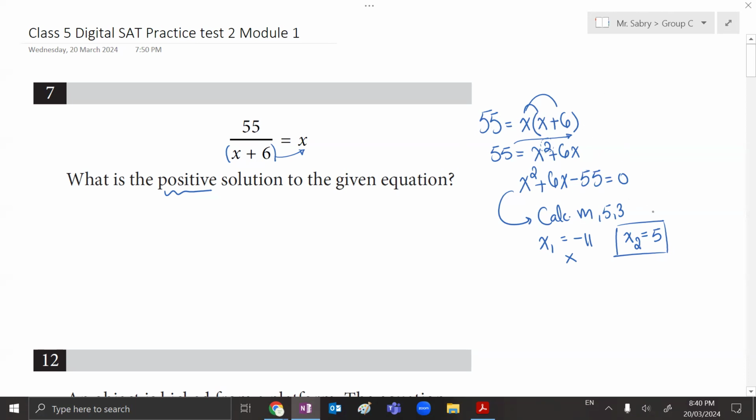When we move the 55 to the other side and put equals 0, this is the quadratic standard form, ax squared plus bx plus c. This is the only form that we can write on the calculator. So in order to put it in mode 5-3, it needs to follow this form, and that's why I decided to move the 55 to the other side. Yeah, I get it. Perfect.